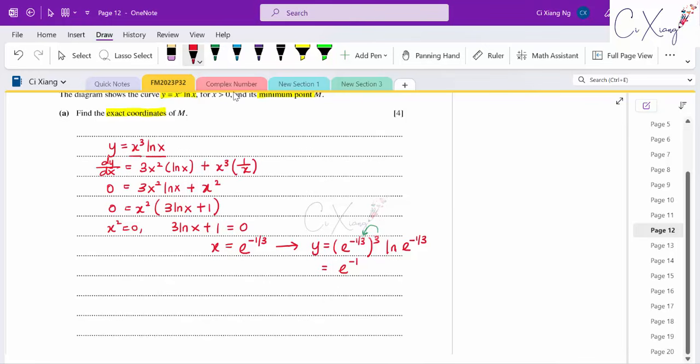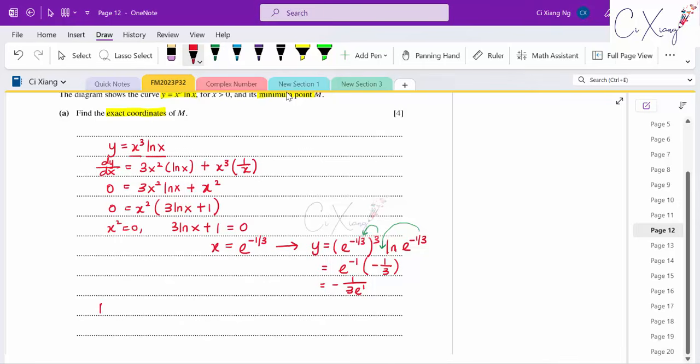Then for this part, when I'm having ln e power negative 1 over 3, I can pull the negative 1 over 3 in front so that it becomes a number. So I'm having e power negative 1 multiplied with negative 1 over 3. If I simplify, I'll have negative 1 over 3e.